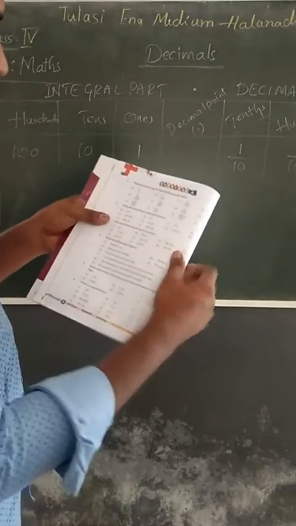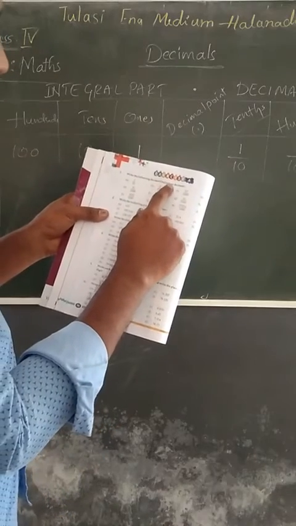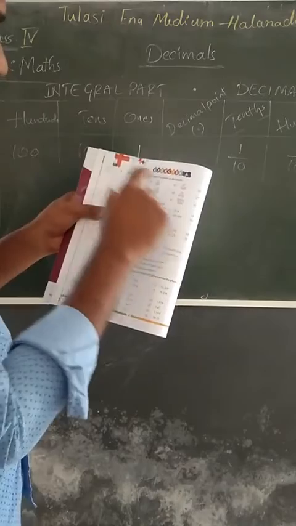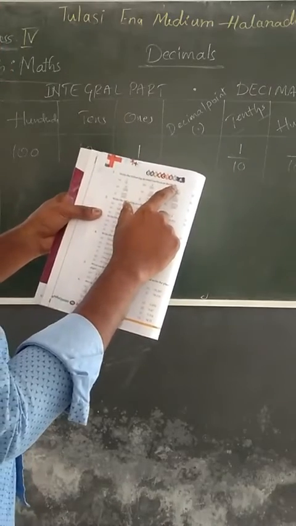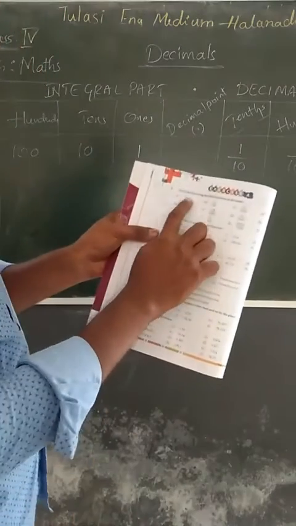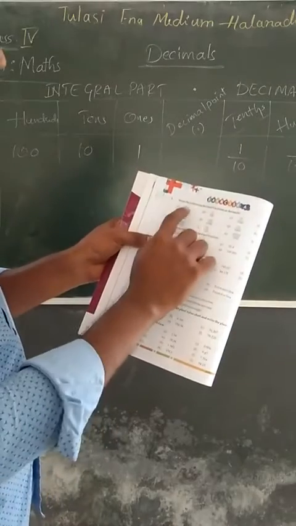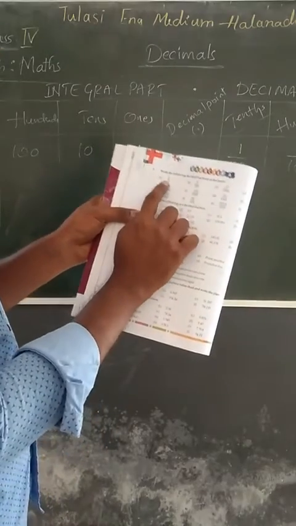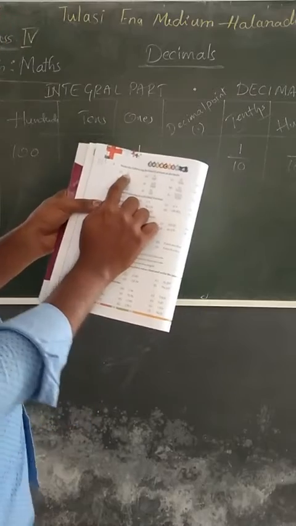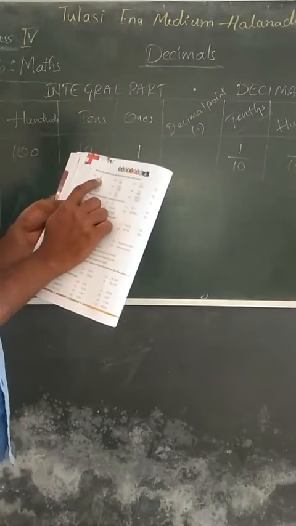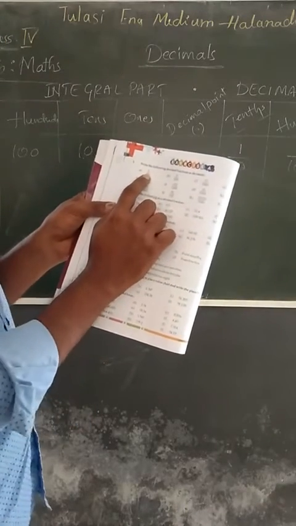Exercise A. Write the following decimal fractions as decimals. Fractions are also called decimal fractions when the denominators are multiples of 10.